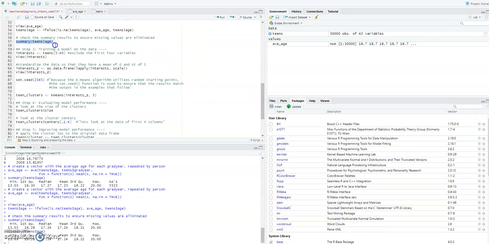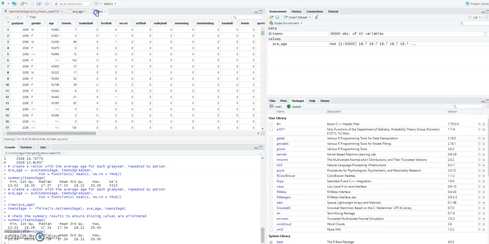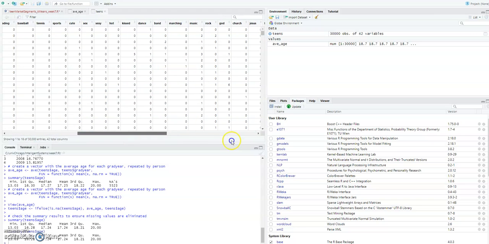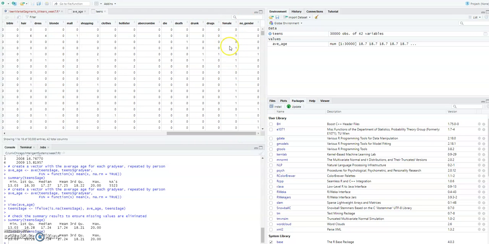So now that we have taken care of the missing values for both the age and the gender information, because we created these additional columns for the gender, that is the female column and the no gender column. Remember these two columns over here, no gender and female.